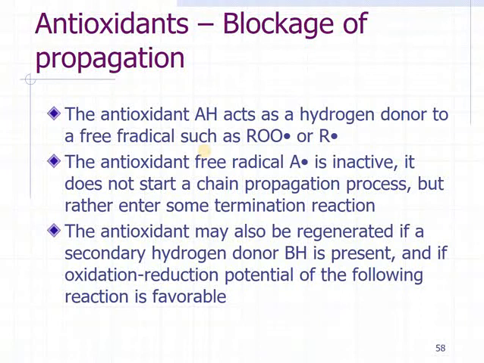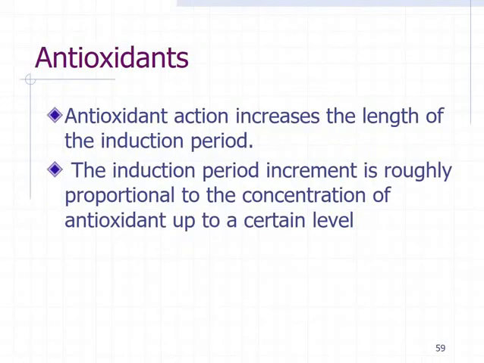It does not then start the chain reaction and want to react with something. It becomes stable even though it's called a radical. And in other instances, the antioxidant may be regenerated if a secondary hydrogen donor is also present. Usually we do that when we use two antioxidants working in synergy in food science.